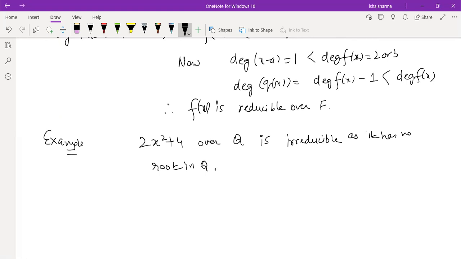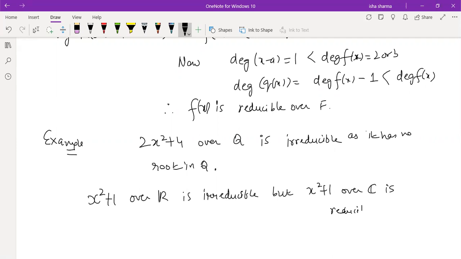You can try and test it over as many examples as you want, but the condition is it should be over a field. So similarly, x square plus 1 over R is definitely going to be irreducible, but x square plus 1 over the field of complex numbers is reducible, because we know iota belongs to complex and is a root of f(x) equal to x square plus 1.